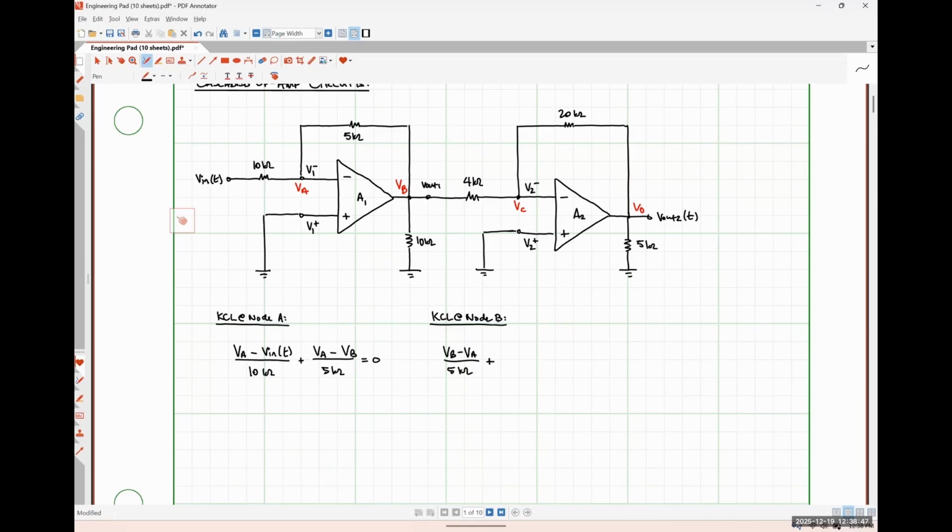Plus VB over RL, so plus VB over that 10 kilo ohm load resistor, all right? Plus VB minus VC over 4 kilo ohms, okay? Anything else? Or am I setting this equal to 0?